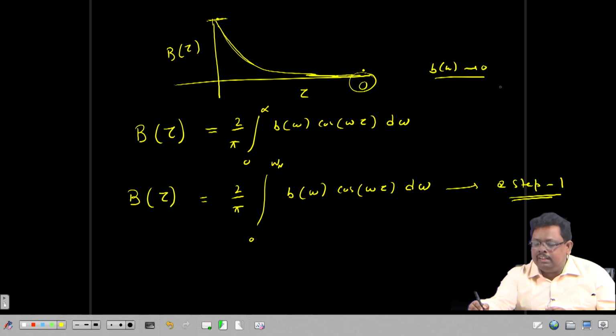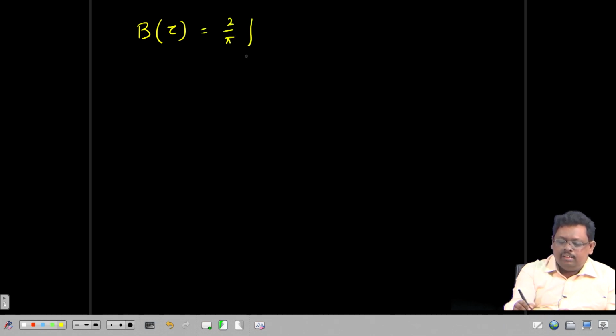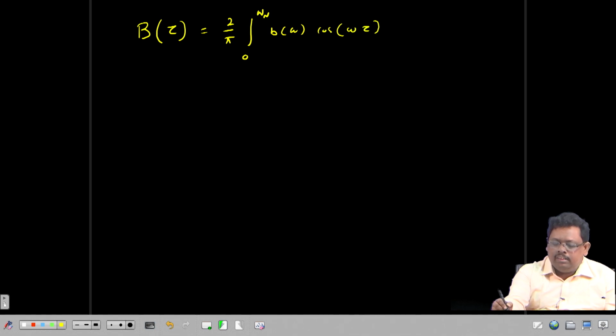So at that omega n I must truncate and then split this integration, right. This is my second step. Writing down the second step, b tau is equal to 2 by pi into the integral from 0 to some omega n of b omega into cos of omega tau into d omega.